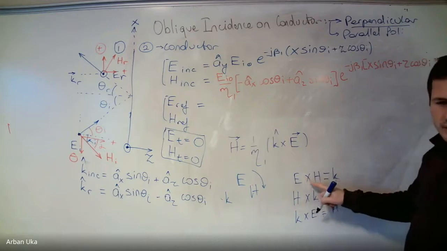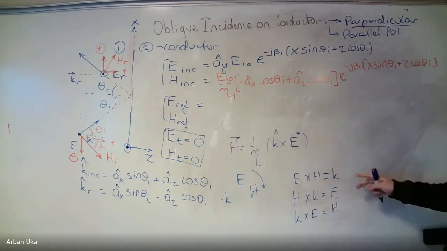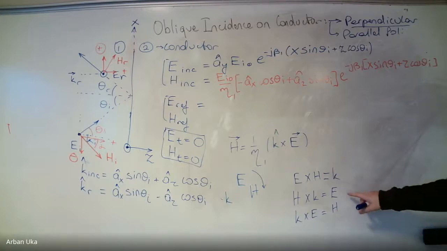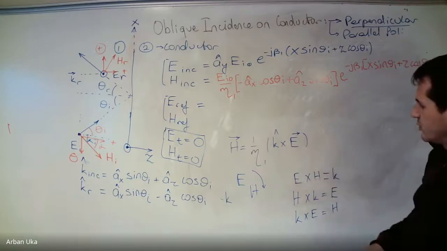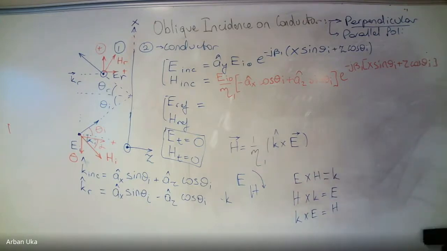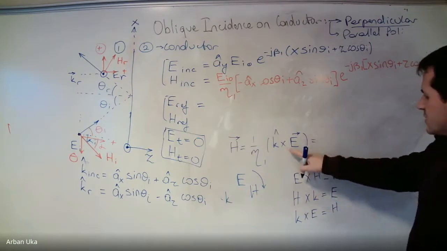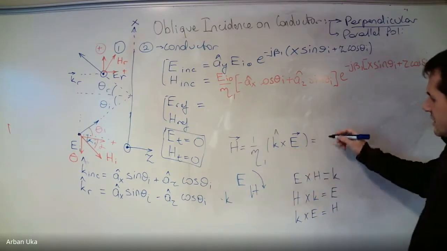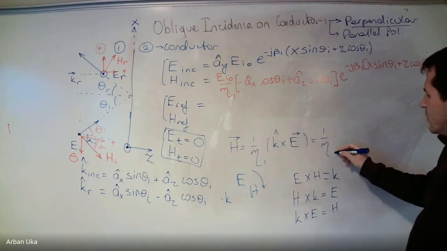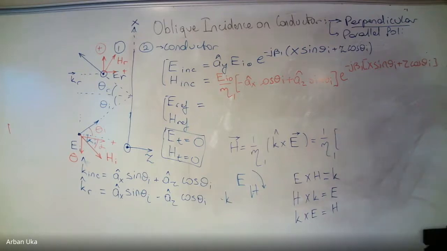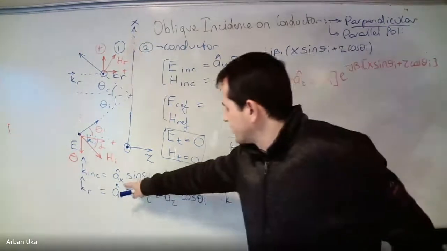Now, predominantly, this helps us more to see the directions of these fields, but for the magnitude, we know that the magnitude is going to be modified by whatever we have here, right? So we can do it like this, and if this is the case, I believe this is true, at least for the sake of the direction, then this is going to be 1 over eta 1 times K. Now, regarding K, K is this vector here.